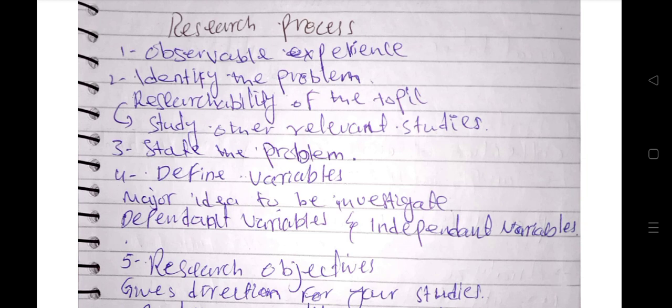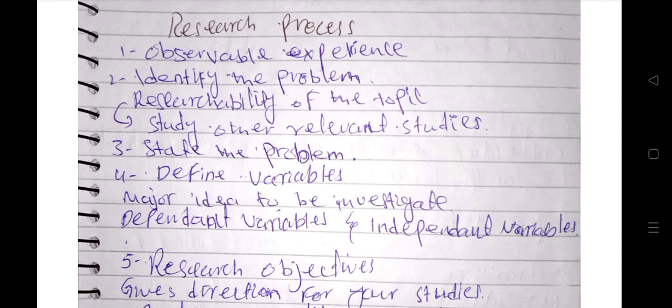So first you have to observe that problem, and mixing it with your experience, you come up with a solution. This is the basic motivation behind conducting any research work, right? So observation is the very first thing.